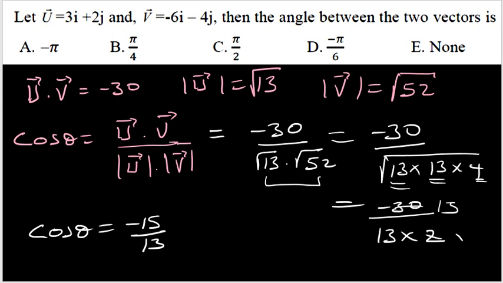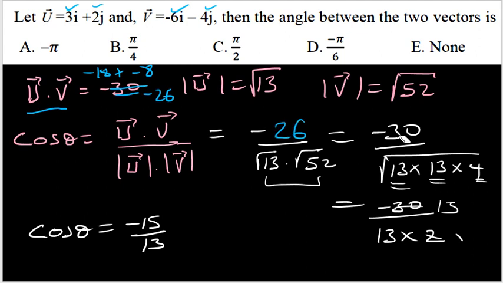But here, when we are calculating, at some point we made some mistakes. When you say u dot v, we are going to multiply corresponding values, first with first, that's negative 18, plus the y component with the y component, that must be negative 8. So when you add, this will be negative 26. So everywhere here we have to correct it.